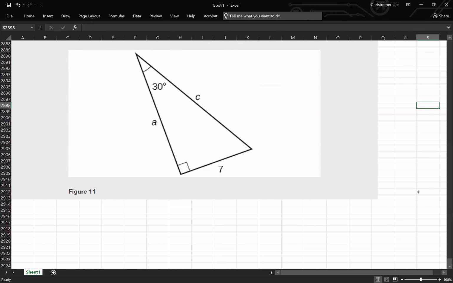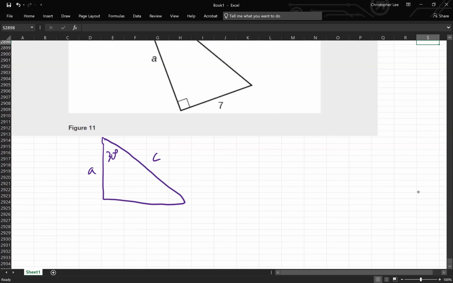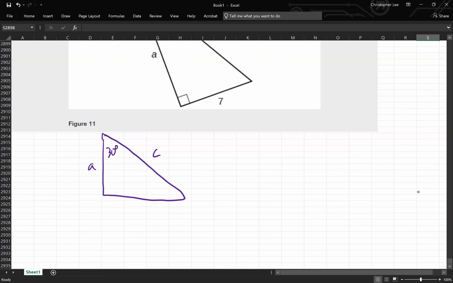So I'm just going to redraw this triangle right here. So we said that this was 30 degrees. This is A, this is C, and our B is 7. And we already know what this other angle is. It's 60 degrees right here.